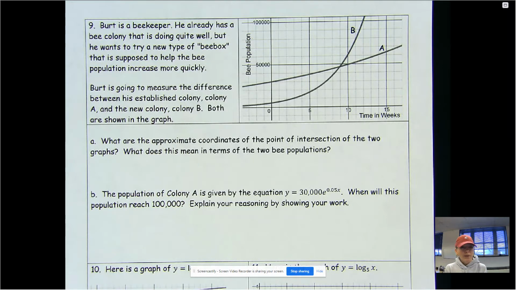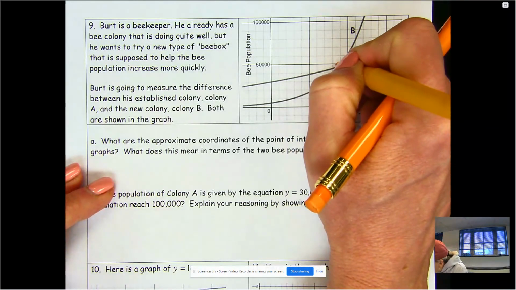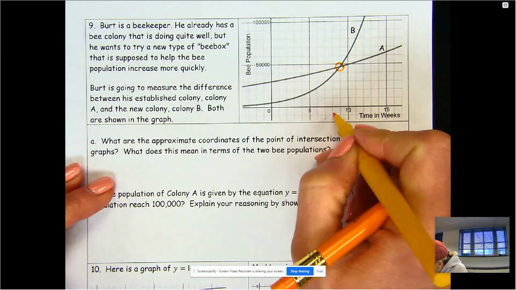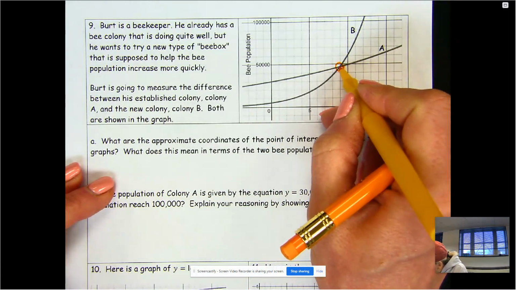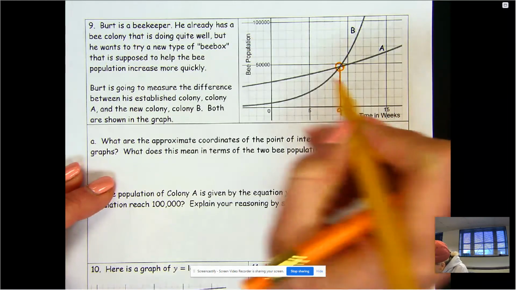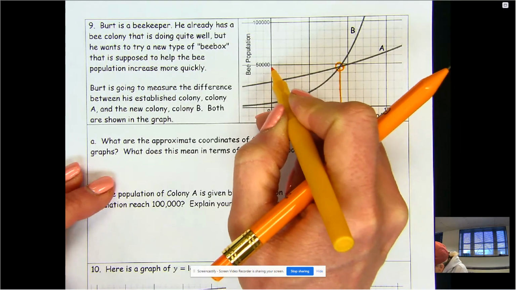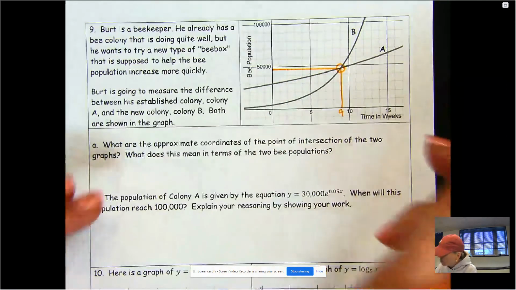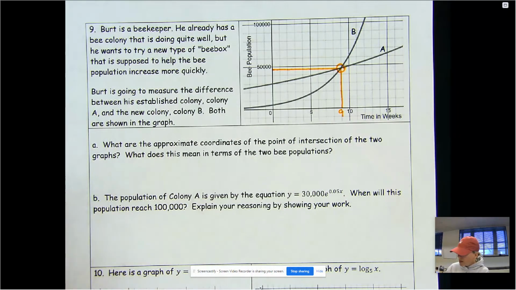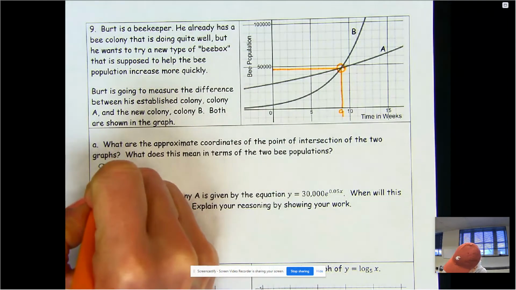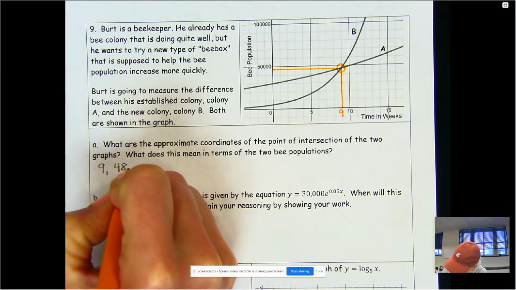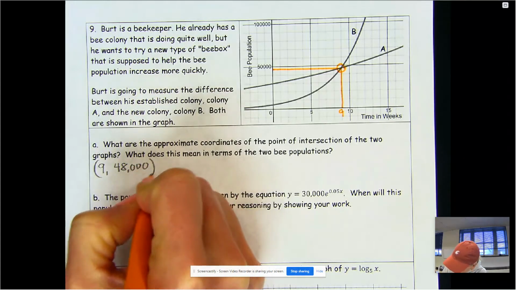The approximate coordinates of the point of intersection of the two graphs, what does this mean in terms of the two bee populations? So here's where they intersect. And I would say, let's see, the x axis is counting by ones. This looks like it's right at 9. And then on the y-axis, it's counting by like 10,000s. So I'm going to say those coordinates are about 9 and then 48,000 is my estimate for the y value.